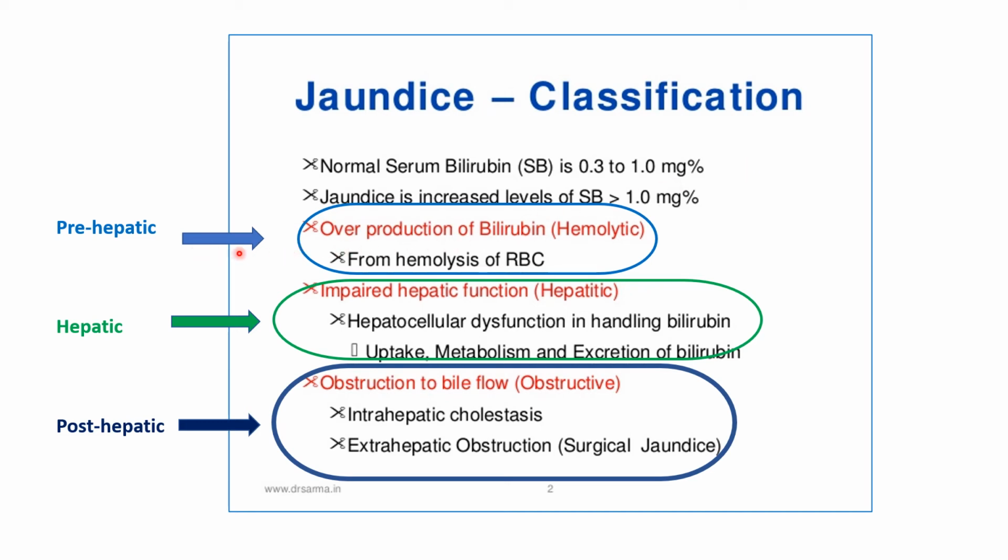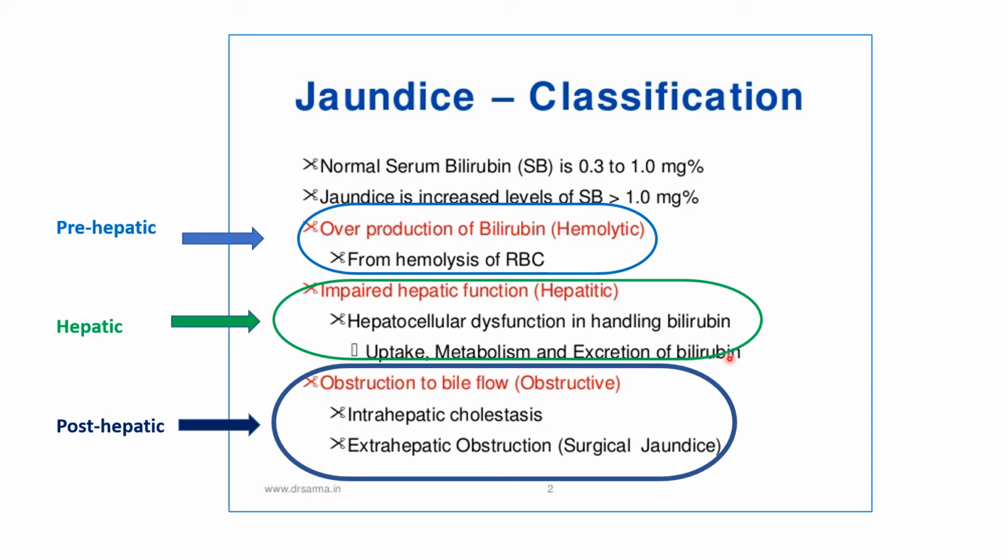In prehepatic jaundice, as I said, there's overproduction of bilirubin, and this is usually due to excessive hemolysis. In hepatic jaundice, there's impaired hepatic function. Hepatocellular dysfunction affects the handling of bilirubin, its uptake, metabolism, and excretion.